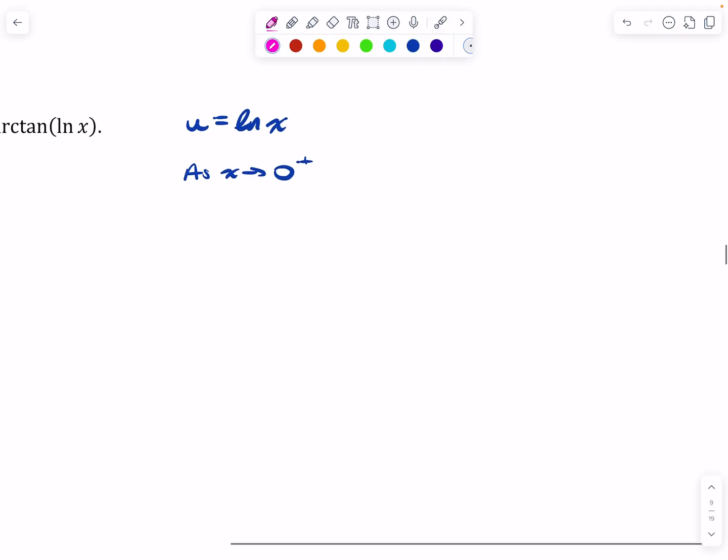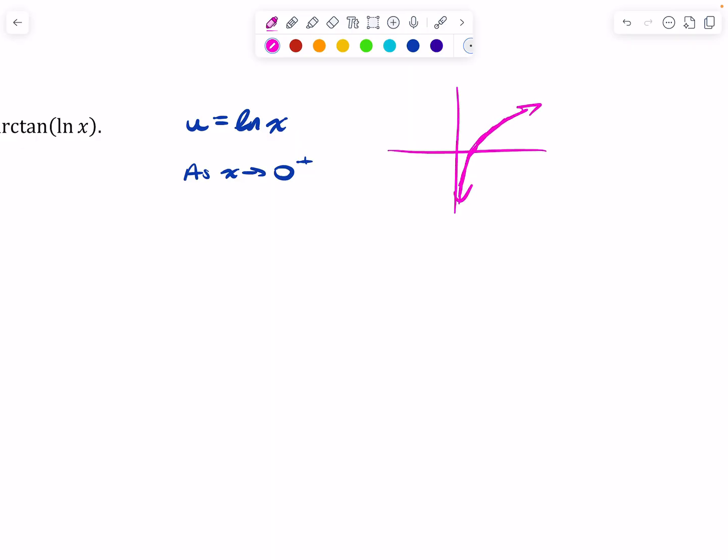When I do that, I'm looking at this graph of ln of x, which I know kind of looks like that. And as x heads towards 0, these values start to go super negative. And with that directionality, I can establish that as x approaches 0 from values above, u approaches negative infinity.